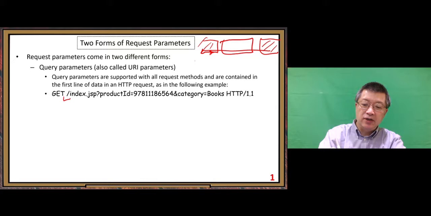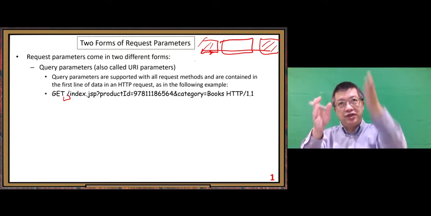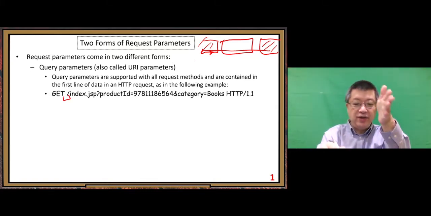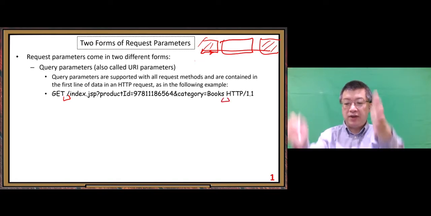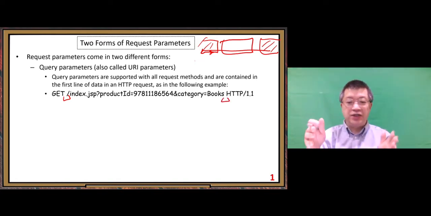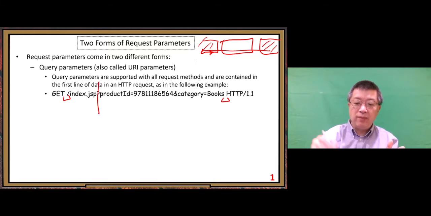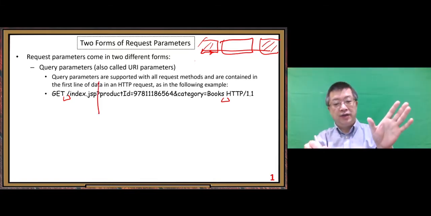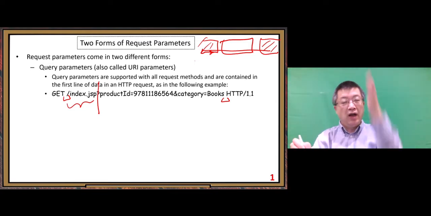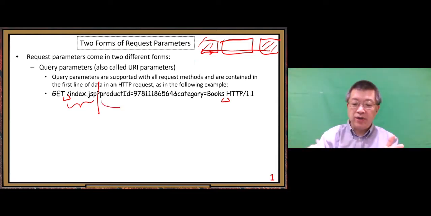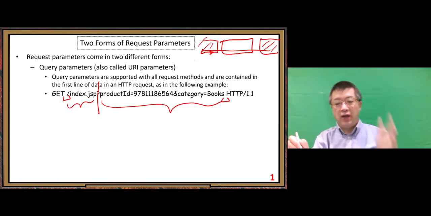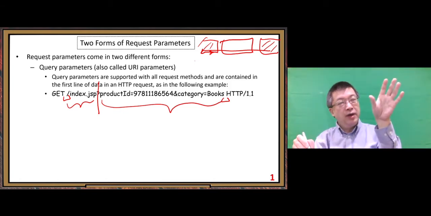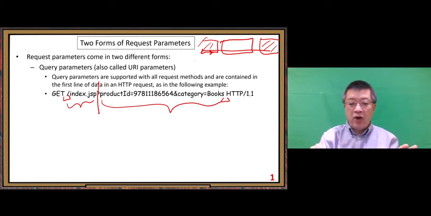After get, you see a space character as separator. Using the get method, a space separator, then the URL part, and another space character separator. Now you see the URL string before the question mark. After the question mark, the query string, then a parameter name-value pair.